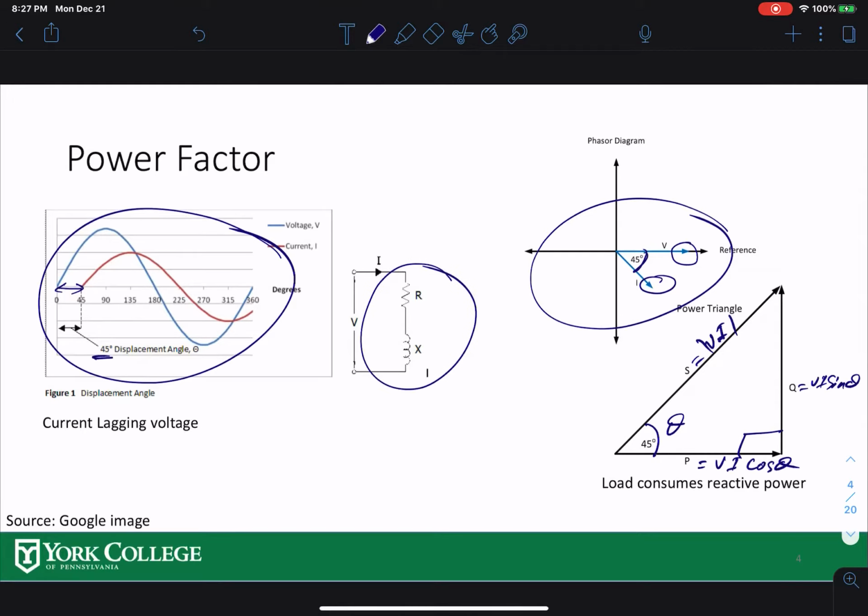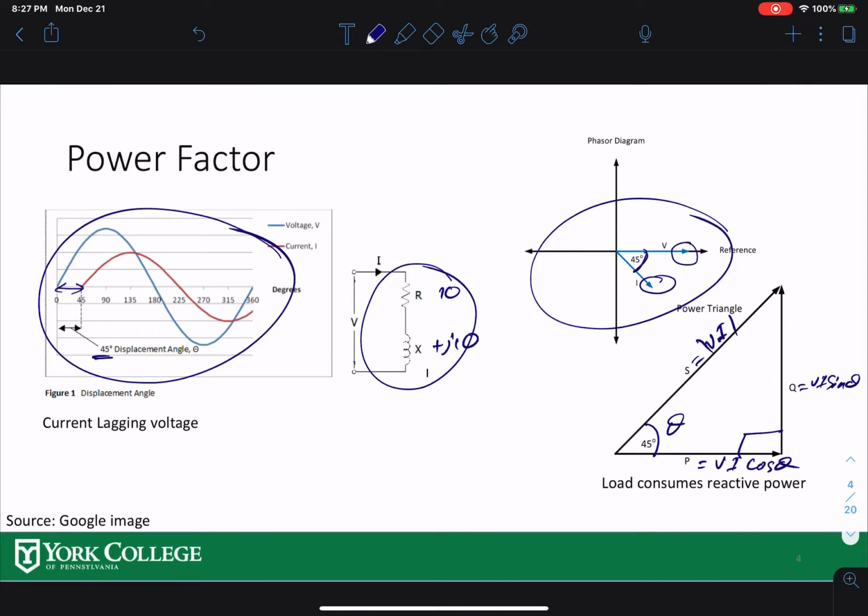And this is a typical load over here. As we said before, it could be R and X with the same value, 10 plus j10, right? That's what gives a 45 degree angle. So what does this mean when it comes to real power and reactive power?